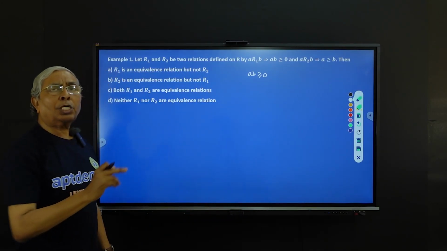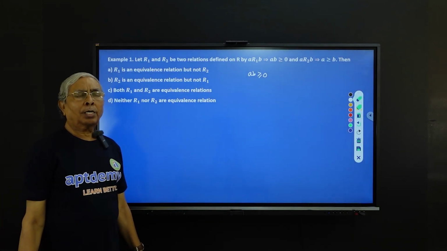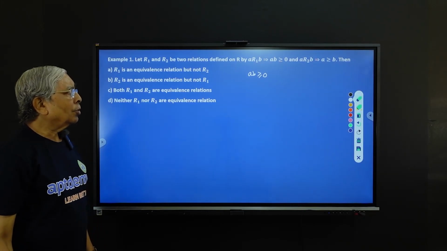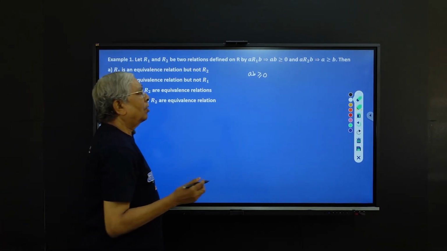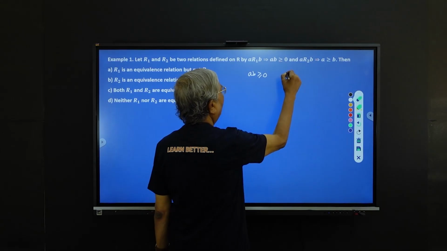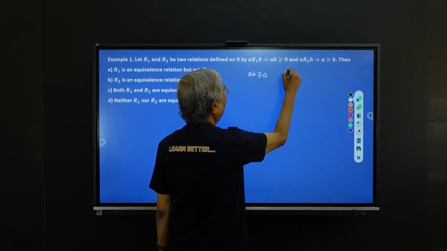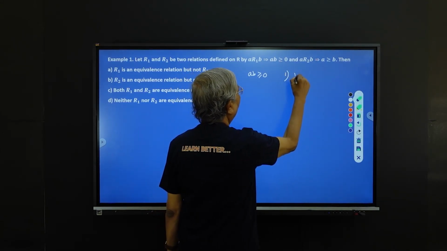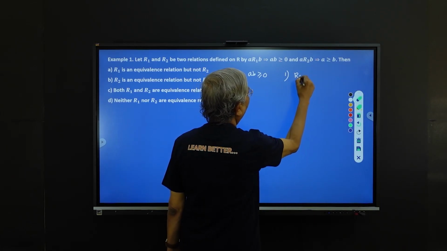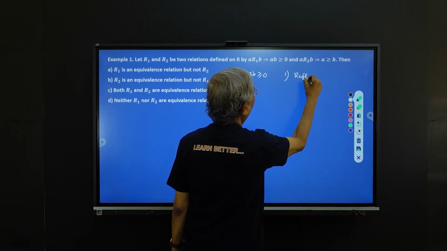Now to show whether it is an equivalence relation or not, we have to show three properties.